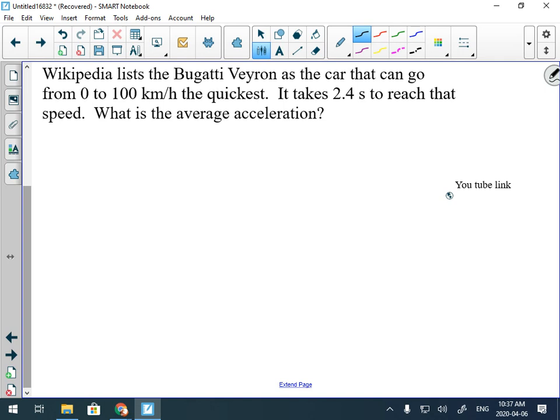All right, so we've got the Bugatti Veyron, however you pronounce that. It used to be one of the quickest cars in the world. So it goes from 0 to 100 in 2.4 seconds. What's the acceleration? All right, acceleration is Vf minus Vi over change in time. Now, let's change our velocity final right away to meters per second, right? We've got 100 kilometers per hour.